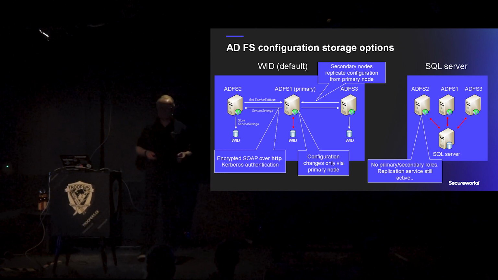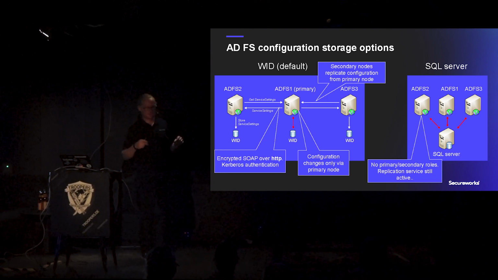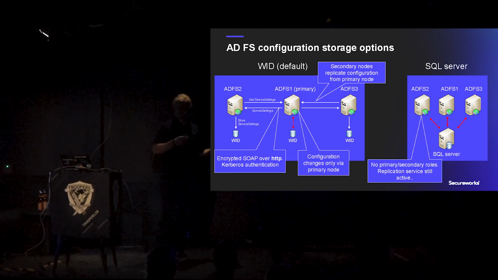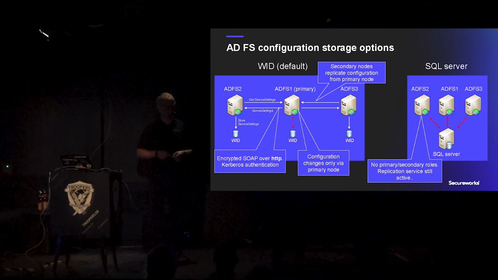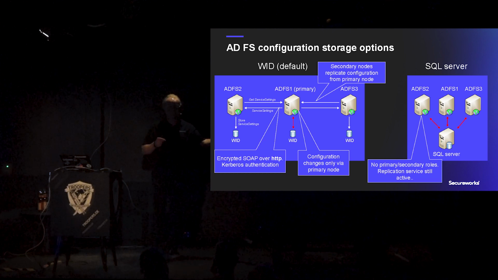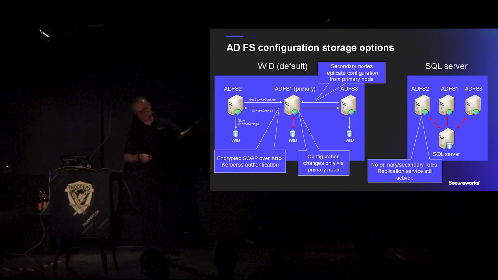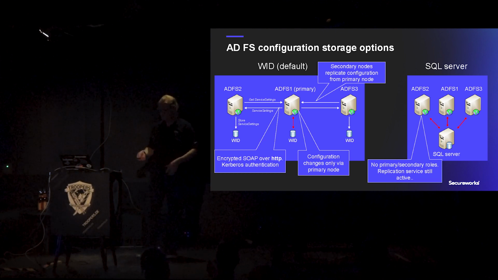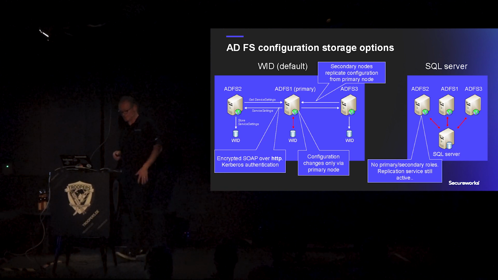Those changes are then replicated to the other nodes, which are secondary nodes. The secondary nodes connect to the primary node and say, hey, give me a configuration. Then the configuration is moved there and stored in the local database.